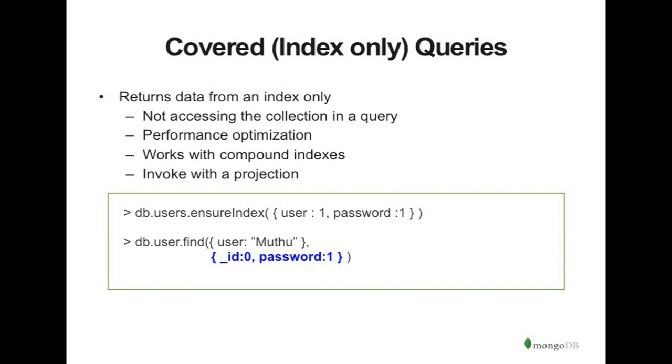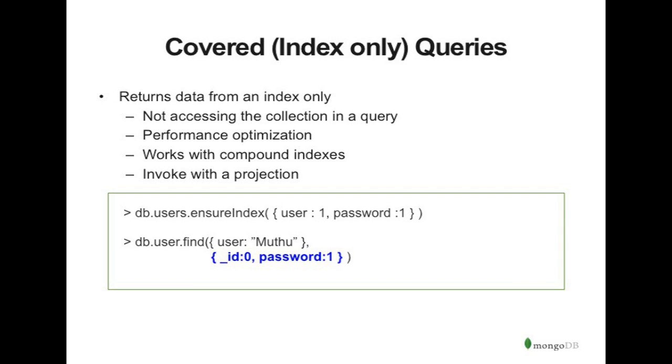So now, combining the features of indexes and projection, we can enhance queries further so that they can be satisfied by an index only, meaning I do not have to access the underlying collection if what I'm querying can be satisfied by the index, and I use a projection to suppress the _ID. Remember, the _ID is always returned in MongoDB, so you'd have to explicitly suppress it.